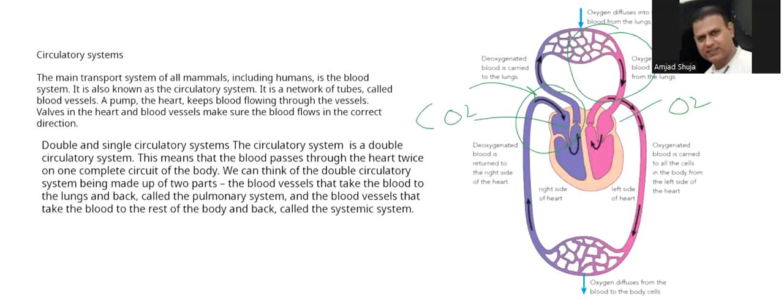So in one circulation, the blood passes through the heart twice. That's why it is known as double circuit circulation.